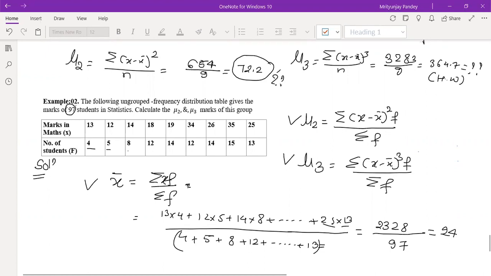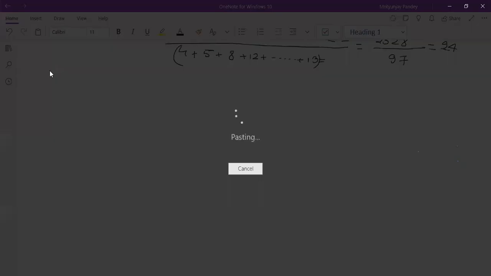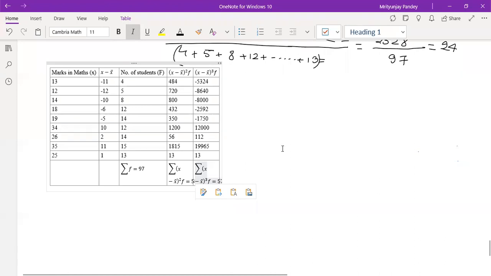Make the whole table. So this is your table, right?